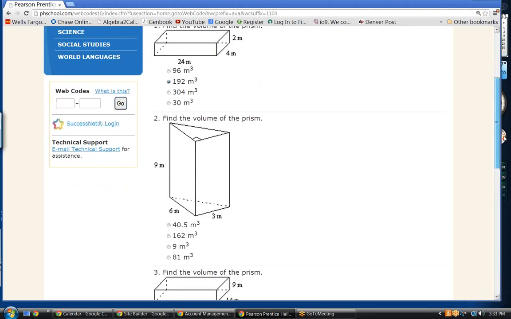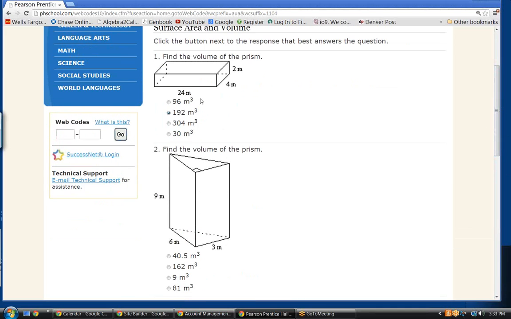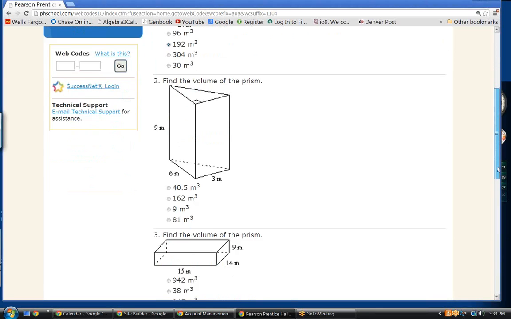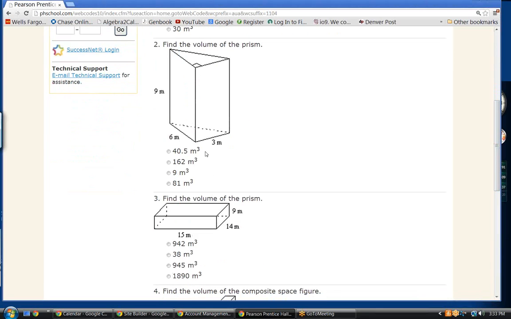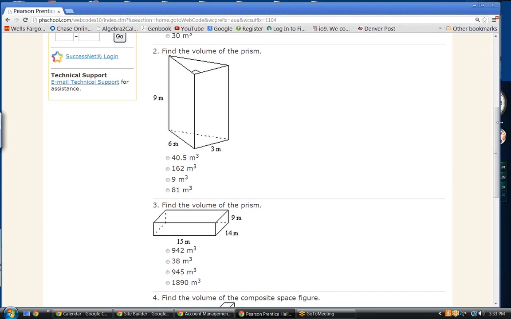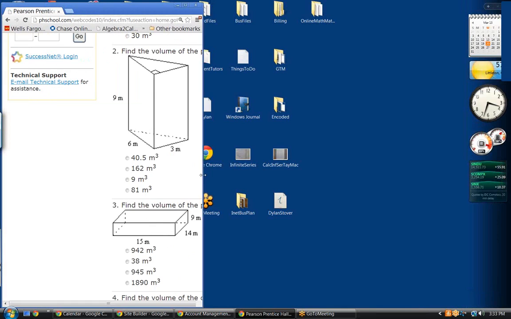Okay. Now, what you said there was the way you find the volumes of all prisms, which is you find the area of the base and you multiply it by the height. All right. So in this prism, we have a triangle that is a right triangle. Let me bring up my drawing tablet here.